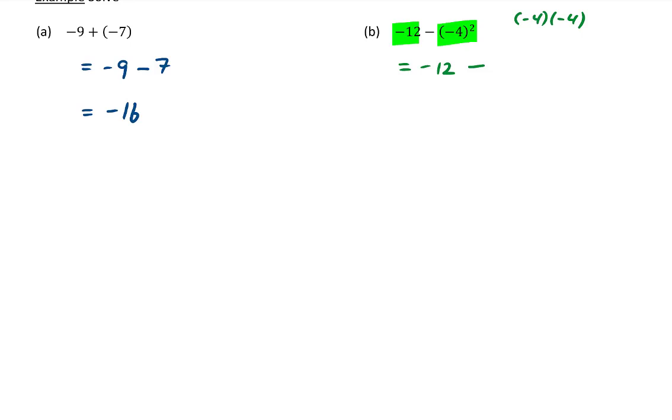If we multiply two negatives, that gives us a positive, so we get 4 times 4, which is 16. So -4 squared is 16. But we still have that minus sign that was in front of it. So now we have -12 minus 16, so we lose 12 and we lose 16 more. We're now down to -28.